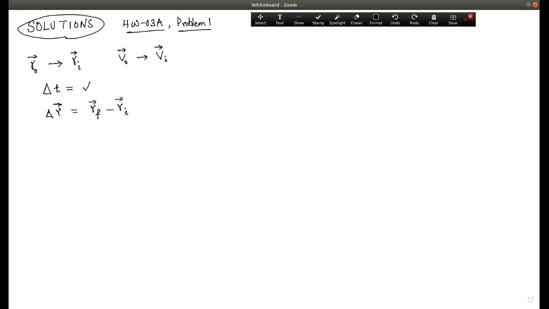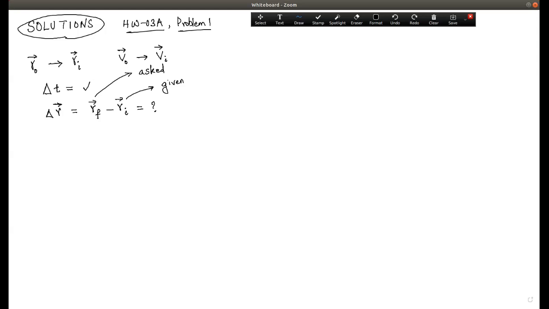And this is the unknown in the problem, in the sense that R initial is given, and R final is asked for. So the strategy will be to find delta R, which is there in our equations, and then from that, find the final position. That's going to be our unknown.